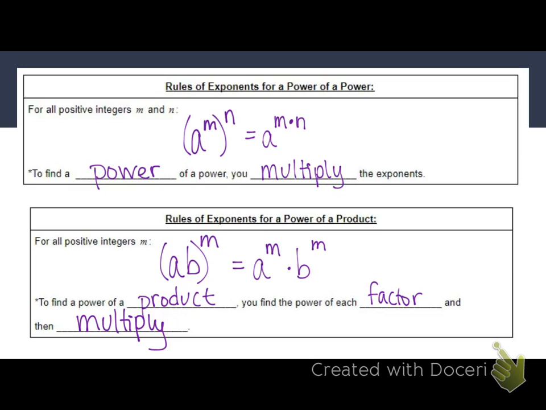Okay, so everything inside of the parentheses gets that exponent. We can extend this power of a product rule. It doesn't matter how many factors you have in your parentheses. We could have put the whole alphabet in there, and then every single part, a, b, c, d, everything in the parentheses gets that exponent of n.